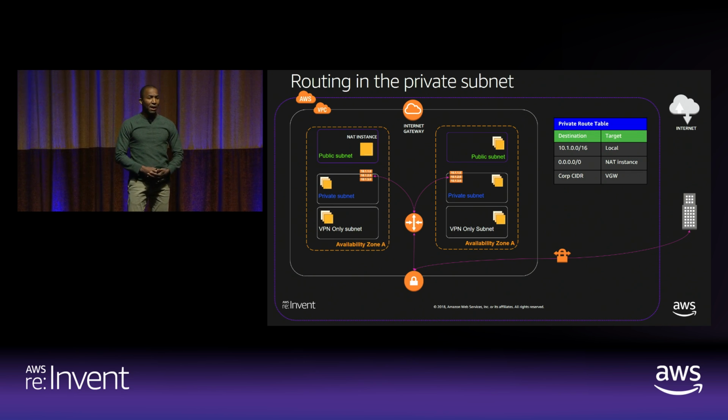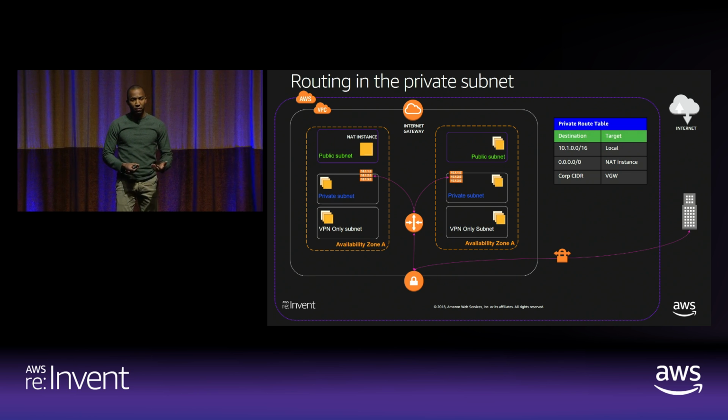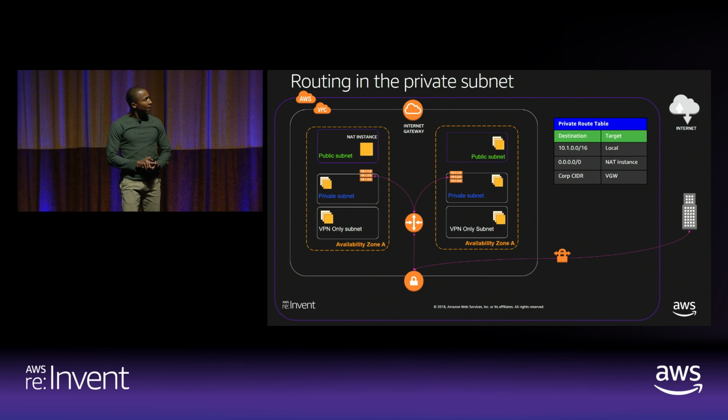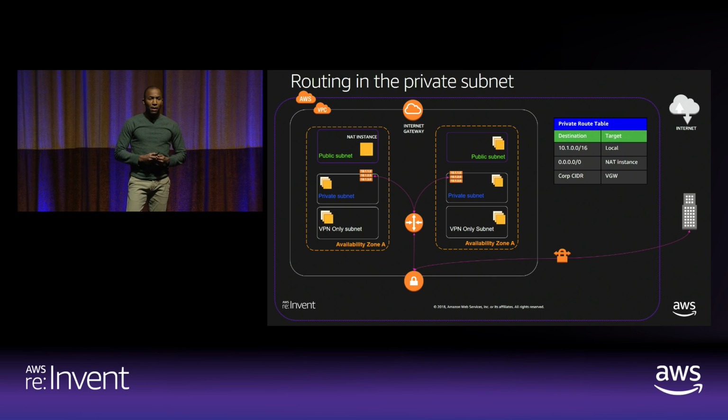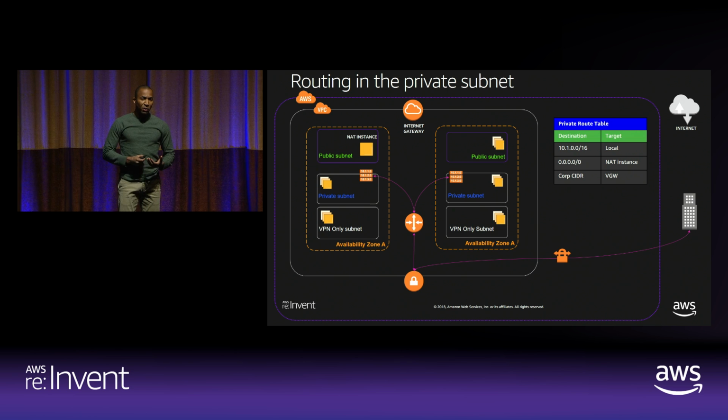For example, you can add layer 7 packet inspection using infrastructure like Squid. The thing is, you have to actually manage the availability of that NAT instance. Not only that, you have to manage the access, which means that the network interface card for this particular instance has to support the number of requests coming in to go to the internet.